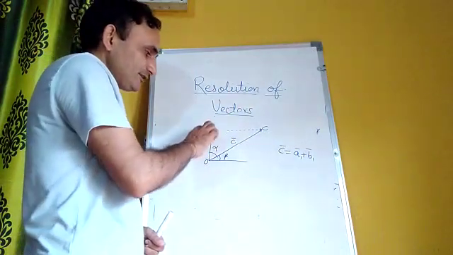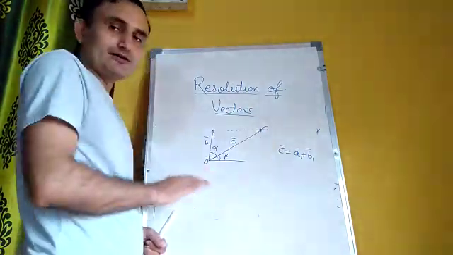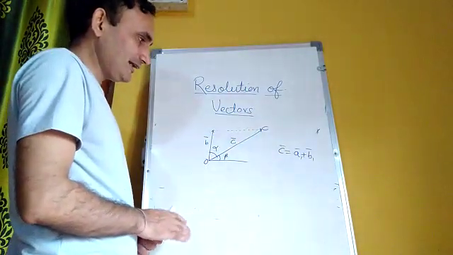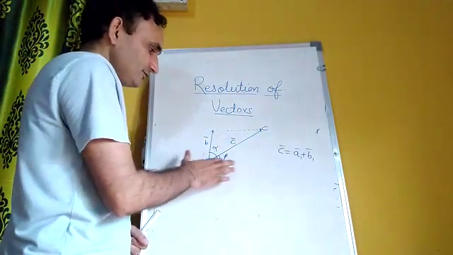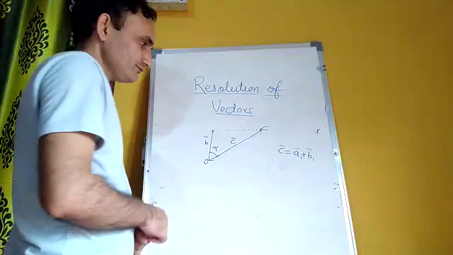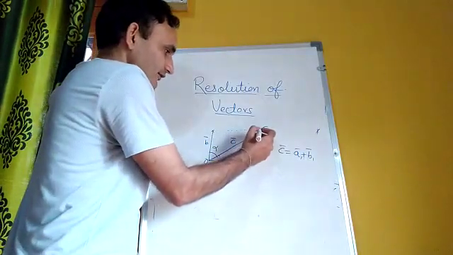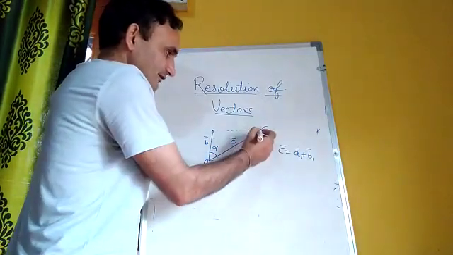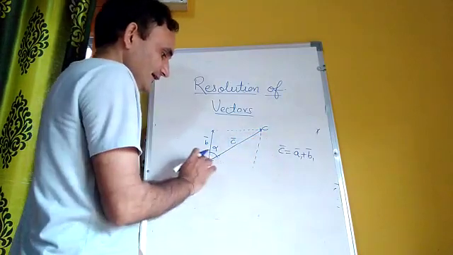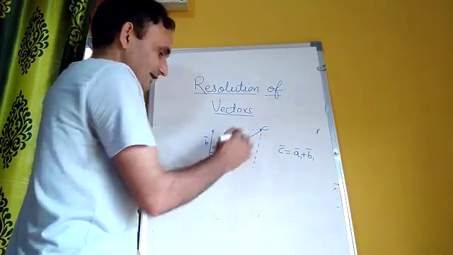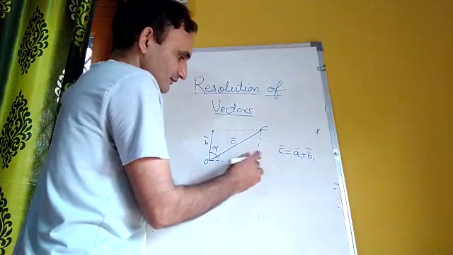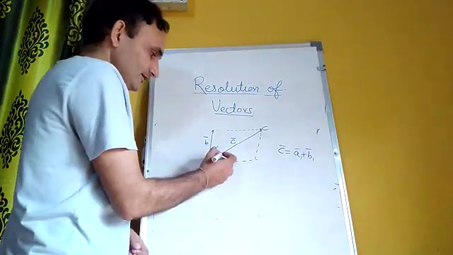Suppose I choose the length of B. I will draw a dotted line from here, then draw a line from here which is parallel to this, and a line from here which is parallel to this line.